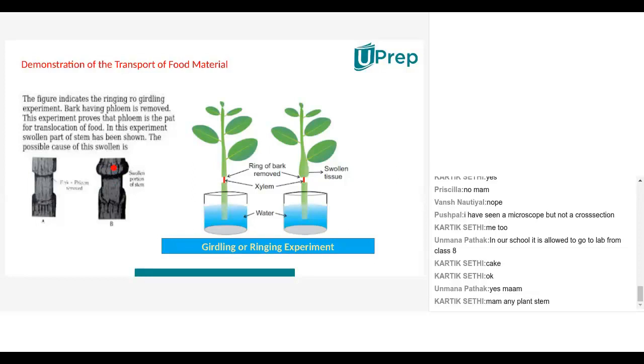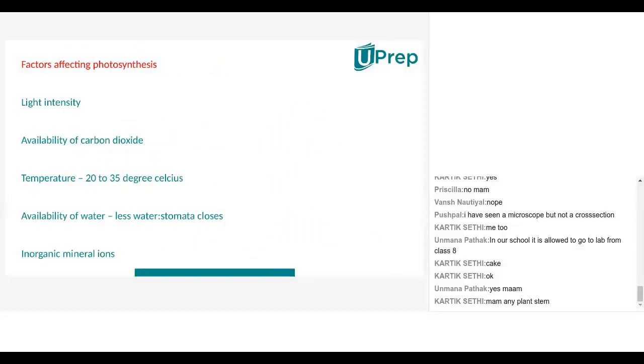Correct? The translocation of food could not take place. That's the reason why it has all accumulated and got swollen. Correct? So this is how you can demonstrate the transport of food material in plants.